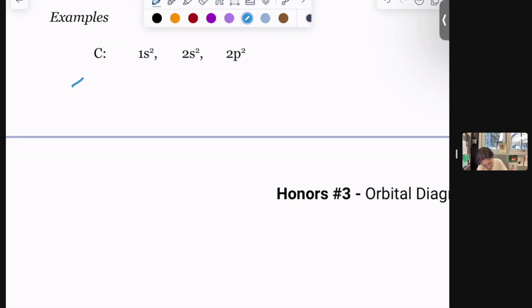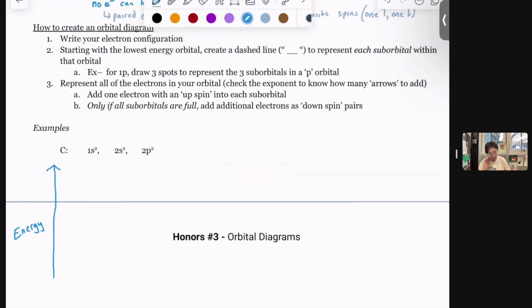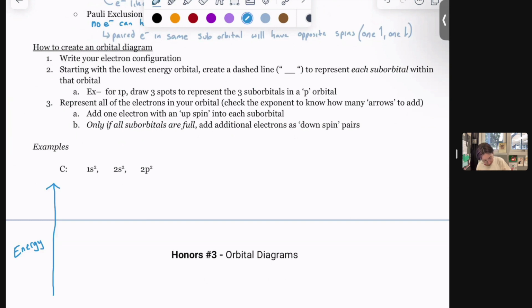So how I like to do this, I like to represent these and be able to show the amount of energy that each suborbital has. So I make a little axis for myself. I'm going to line these up on top of each other based on their energy. So just like with all our other stuff, we're going to start with our lowest energy orbital.